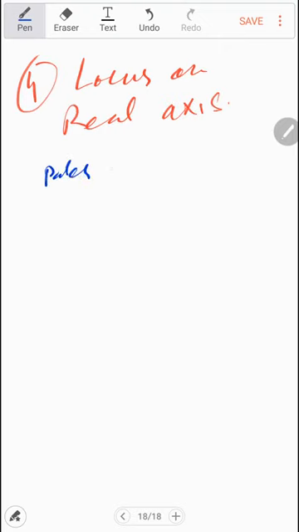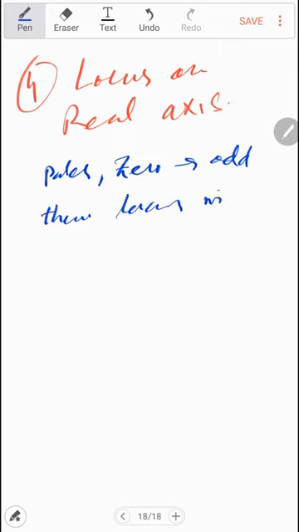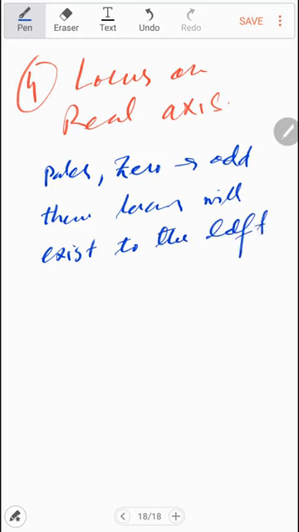If the count is odd, remember odd, then the locus will exist to the left, L-E-F-T, left of the poles and zeros.